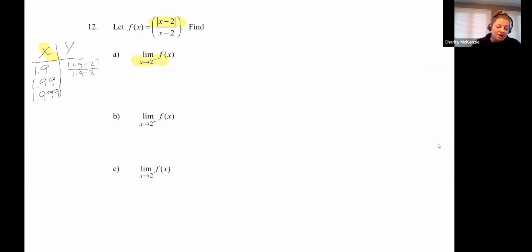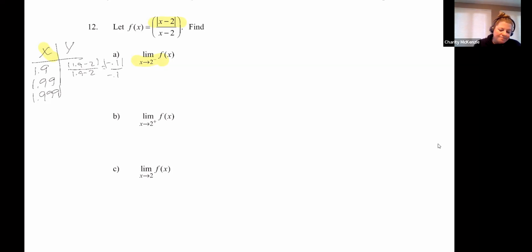Okay, so I get a negative on top, but it changes to a positive because it's coming out of the absolute value. It was a negative 0.1 on top, and the bottom was a negative 0.1. So the top becomes positive, and the bottom stays negative.